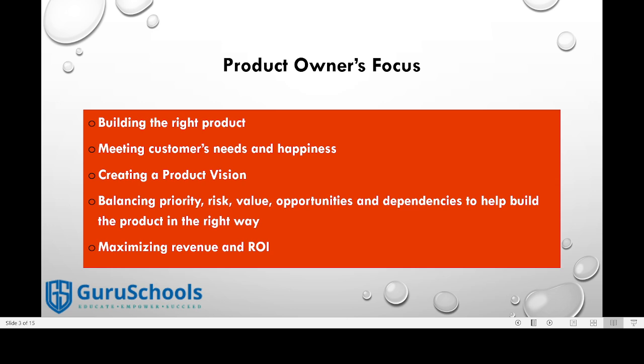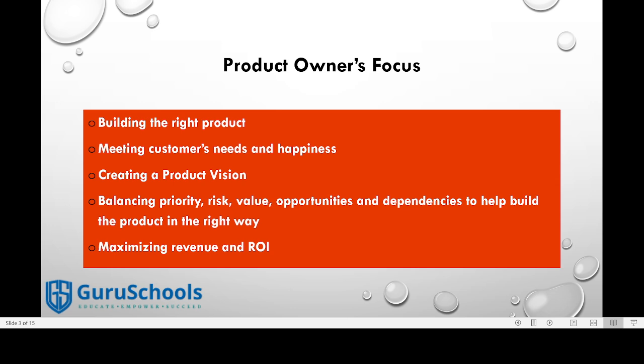The primary responsibilities that the product owner should focus on are building the right product, focusing on meeting the customer's needs and happiness, creating a product vision, and ensuring that he balances priorities, risk vis-a-vis value, opportunities, and dependencies. All of this is to be done to ensure that he's maximizing revenue and ROI.